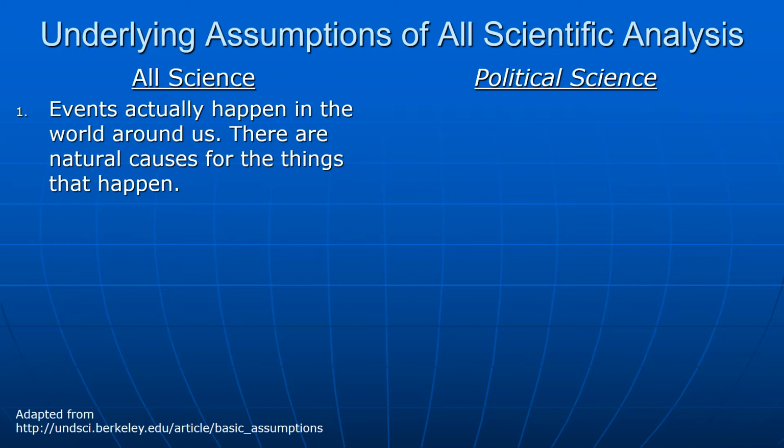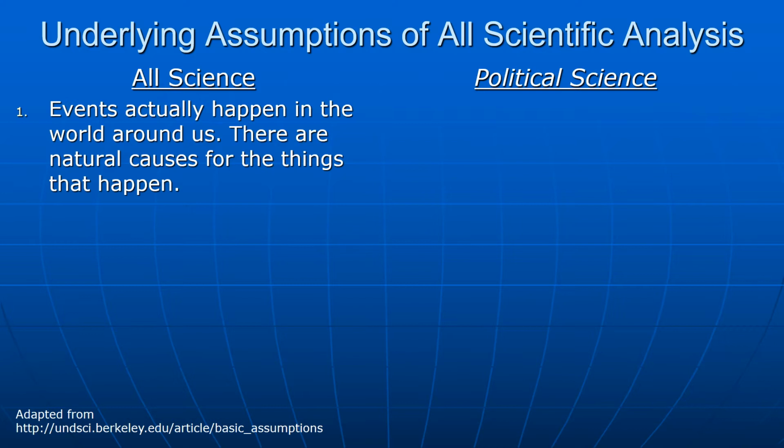So if a tree falls in the forest, does it make a noise? Well, this is kind of a philosophical, but it's also a scientific question. If you have a noise, something must have caused the noise. So there are natural causes for the things that happen, including chemical reactions, growth of things, erosion of things, and so forth.